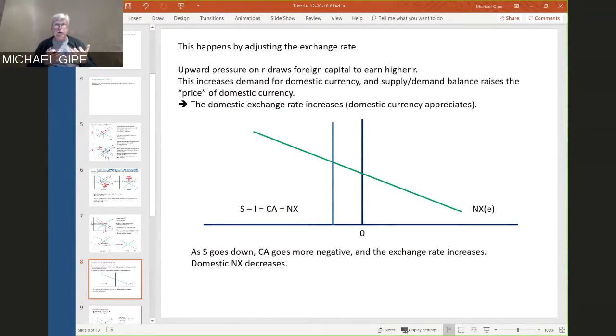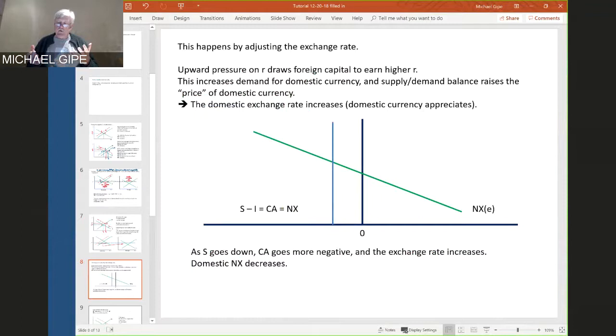And so the demand for the domestic currency goes up, and that means the price of that domestic currency also goes up. And of course, the price is what we call the exchange rate, where the exchange rate for that domestic currency would increase so that that currency is now more valuable, and it takes more of the foreign currency to buy into that domestic currency in order to take advantage of any increase in interest rates.